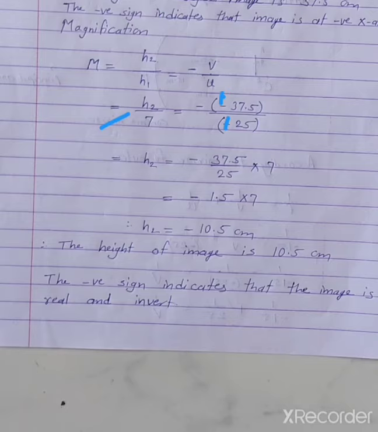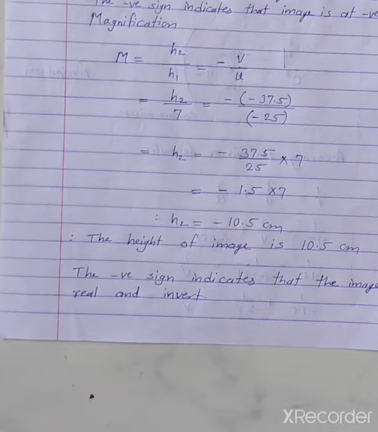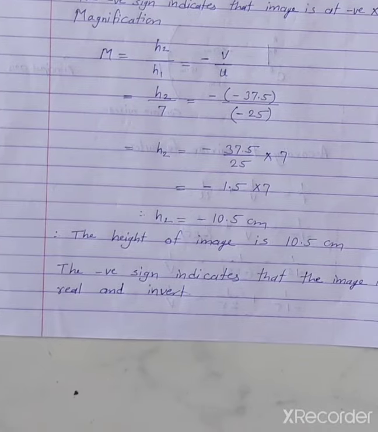Take this 7 to another hand side, it will become multiple. So if you solve this term, you will get 1.5. Its multiplication is 10.5. So the height of this image is equal to negative 10.5 centimeter, and this negative sign again indicates that this image will form in inverted form and it is real.